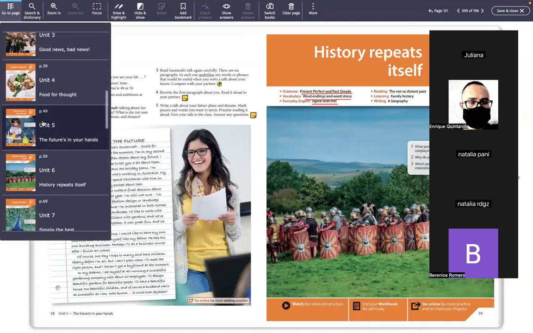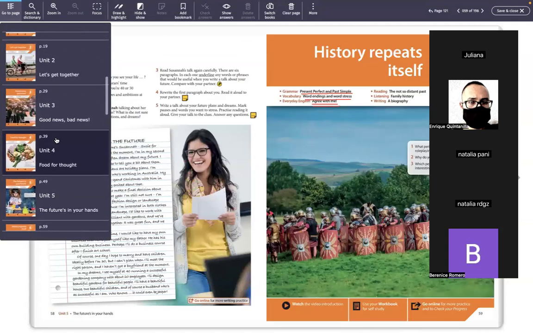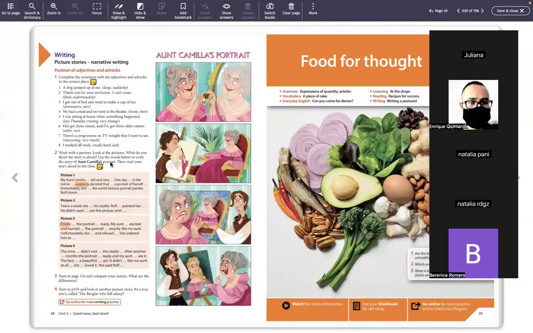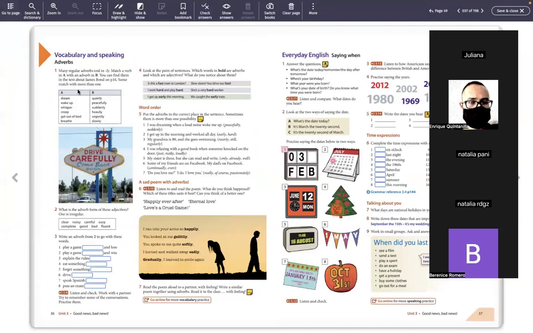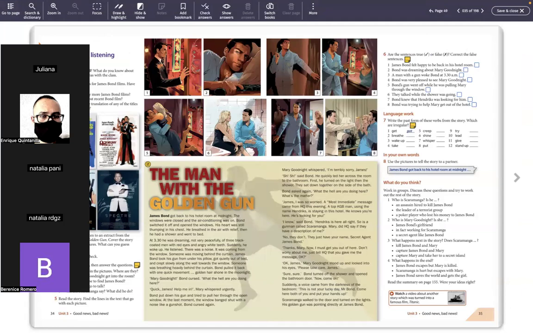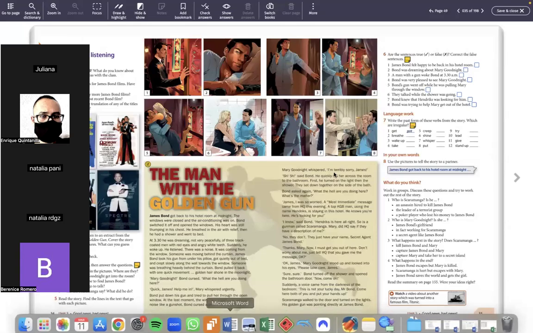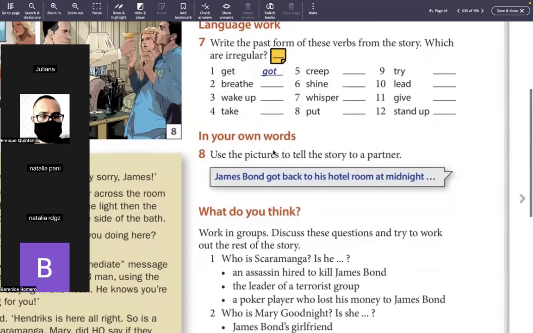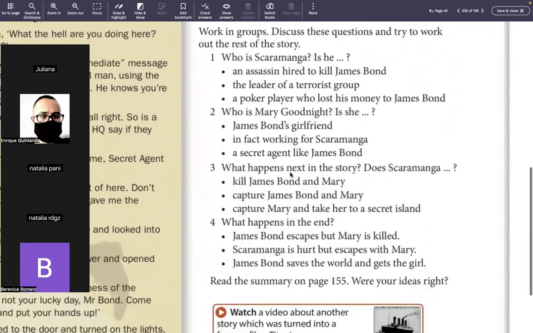Unit 3, this part. We're going to check this because yesterday we didn't finish this part about this guy, remember? James Bond. So use the pictures to tell the story.